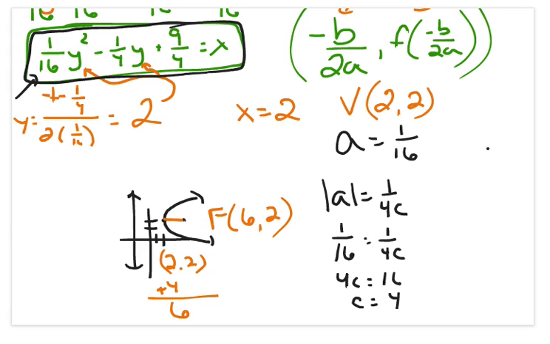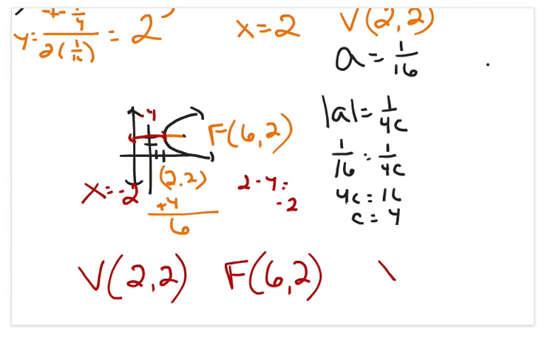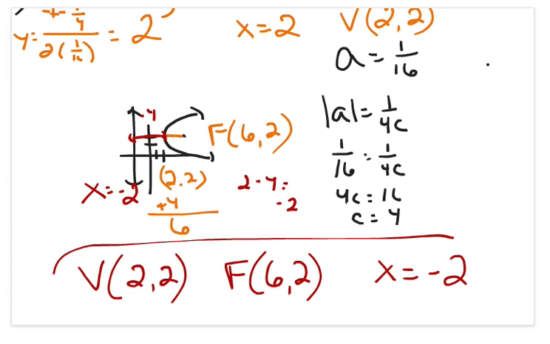In order to get the equation for the directrix, I'm going to the left 4. So if I'm already at 2 and I go to the left 4, I end up at negative 2. So the equation for the directrix should be x equals negative 2. So all three answers that you need are: your vertex is 2, 2, your focus is the point 6, 2, and your directrix is the equation x equals negative 2.